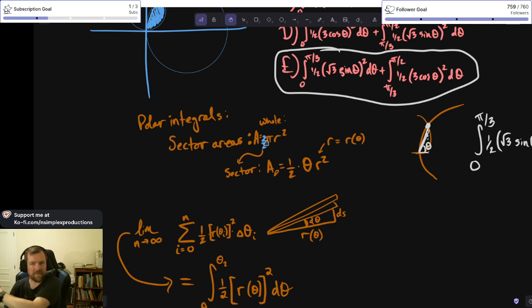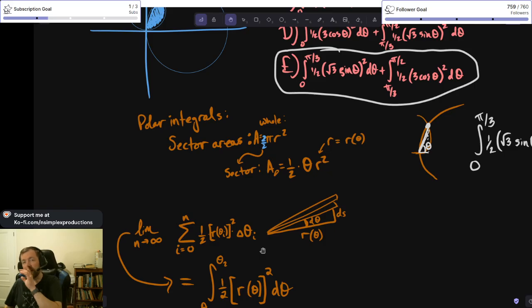And then the 1/2 sticks out front. So then our sector area becomes 1/2 theta r squared. Our r's were a function of theta, and our theta as like a sliver is going to become d theta instead. So then we do our usual thing.